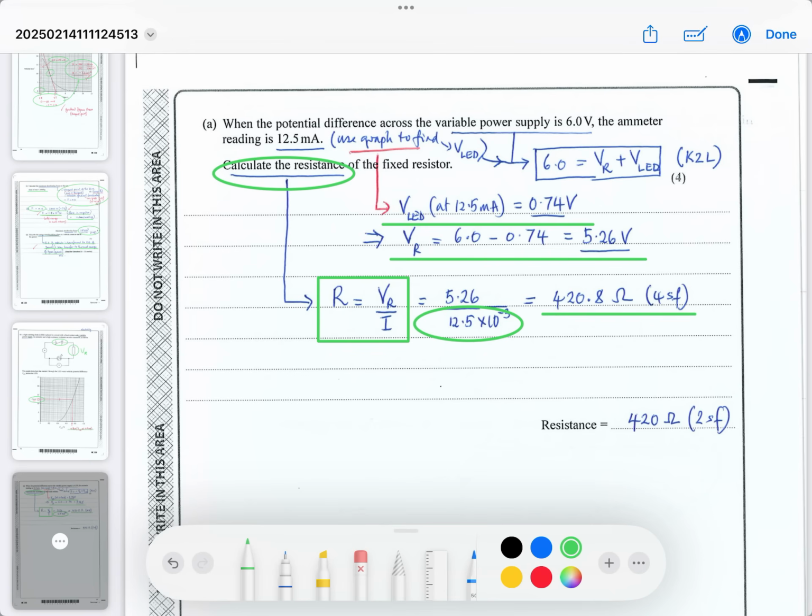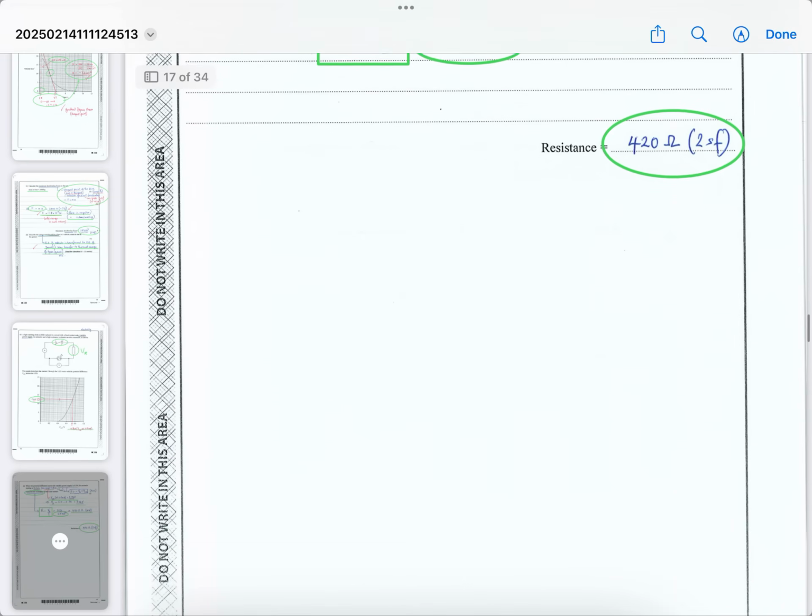I do that on purpose to show you that when you put your final answer, you should really put it to 2 significant figures, because the data provided is 2 significant figures for the voltage. You could put 3, but 3 would be 421 ohms. So that's part A done.